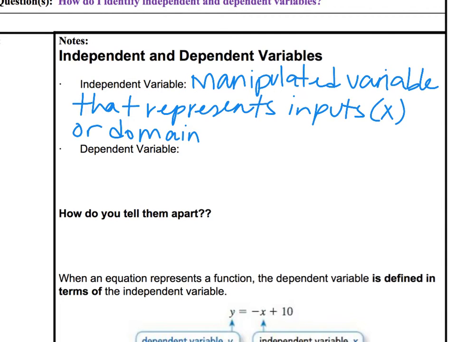I'll give you time to write. And then dependent is the responding variable. That depends on the independent variable.